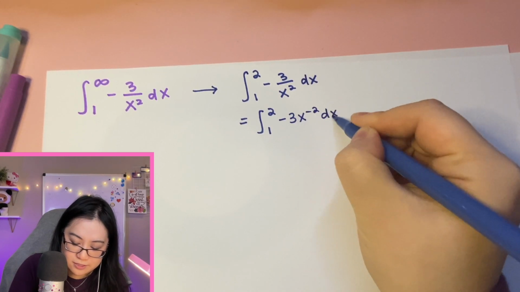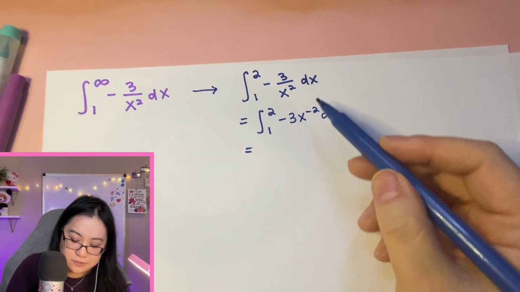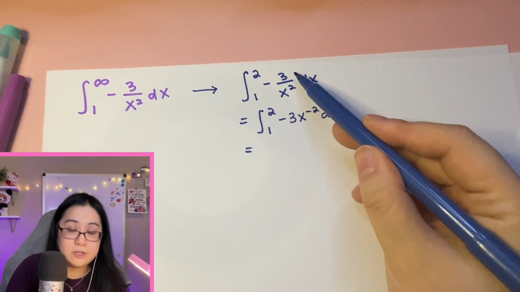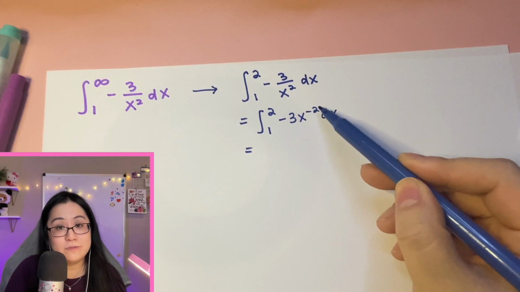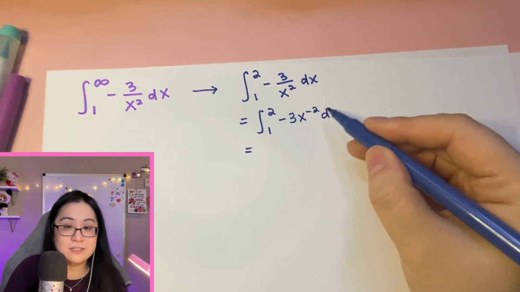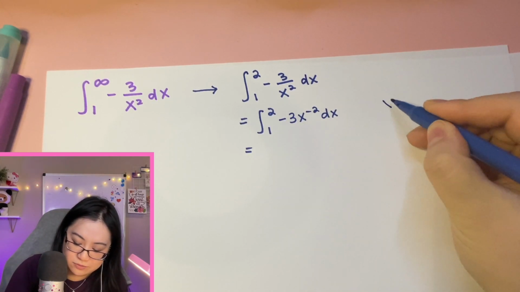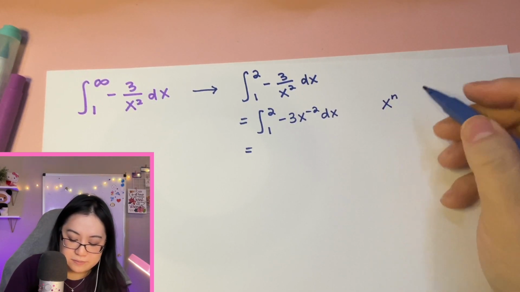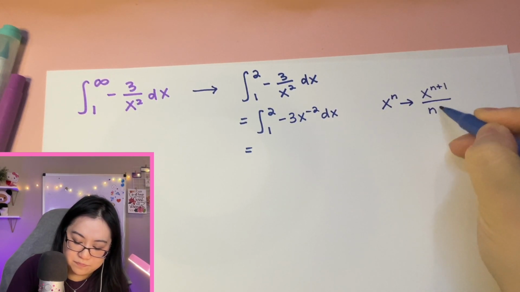I'm going to go ahead and calculate it here because I'm going to make a point. So I'm rewriting this in this form, bringing the 2 up away from the denominator so that I have this form x to the power of a constant n. And that's because this is a basic antiderivative that we know, which is that the integral of x to the power of some constant n, as long as the variable's on the bottom, is x to the n plus 1 over n plus 1.